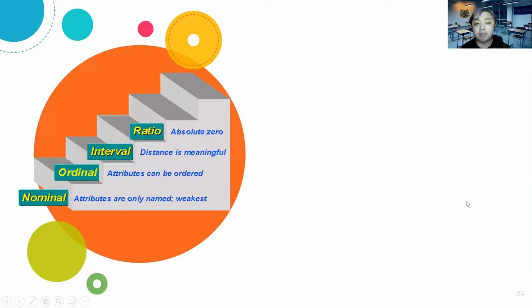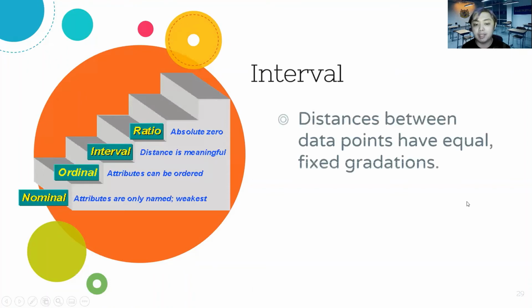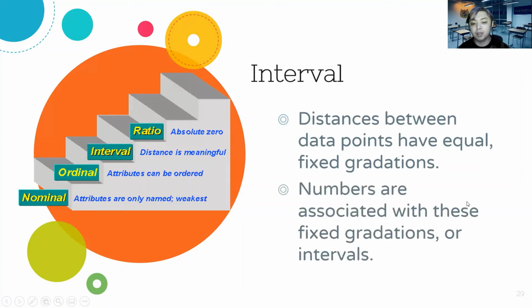The next type of data is interval. Now, the distance between data points has equal or fixed gradations. So the distance between 1 and 10 is similar to the distance between 11 and 20. Numbers are associated with these fixed gradations or intervals.